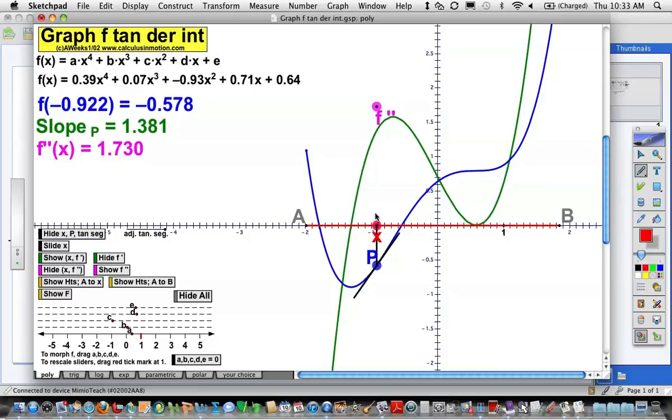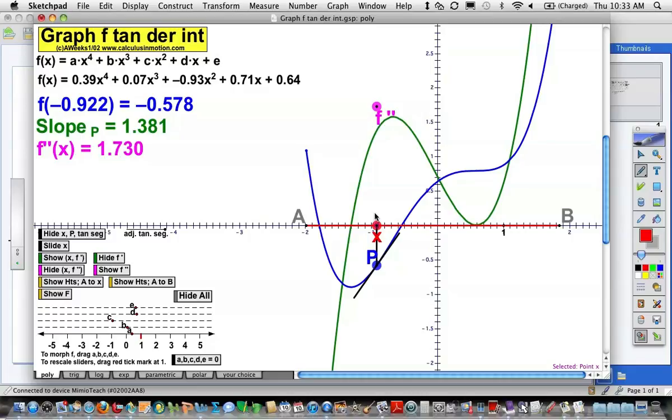Now that makes sense because the green graph is not only increasing, but what else is it? It's concave down. Right now I'm looking at F prime and F double prime. Remember, that's the same relationship as F and F prime.